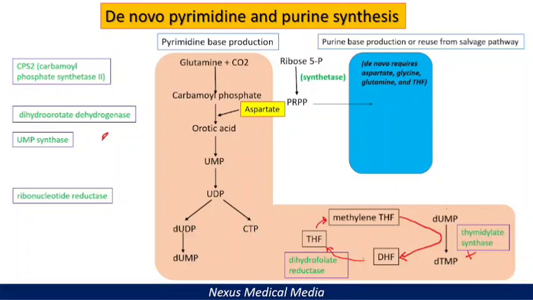Right, so there are a lot of steps involved, but at the end here you have IMP. What does IMP mean? It means inosine monophosphate. Inosine monophosphate can either form adenosine monophosphate, or it can form GMP, guanosine monophosphate.